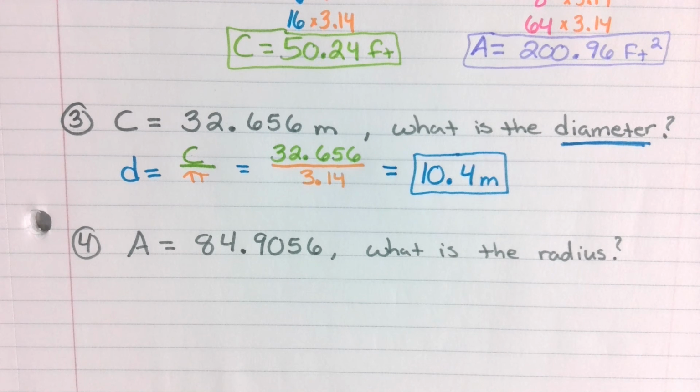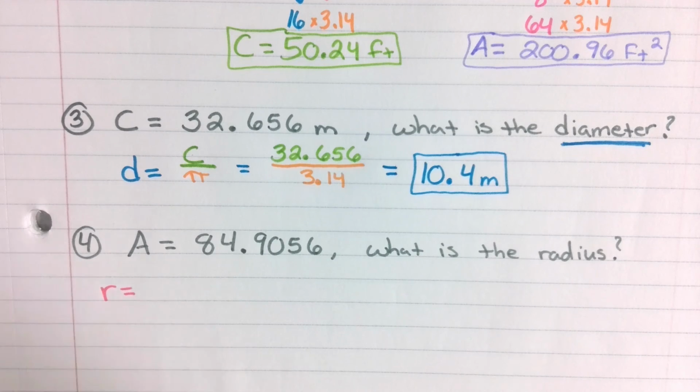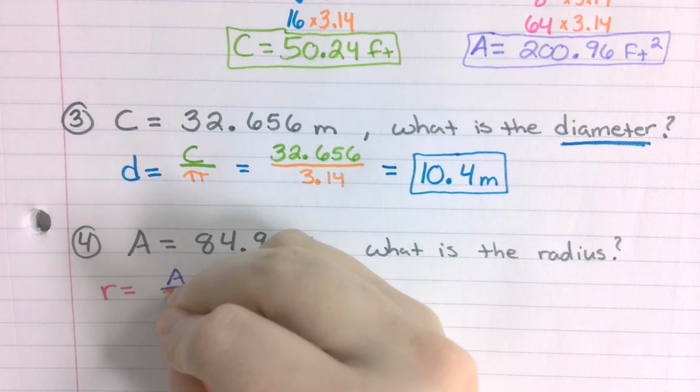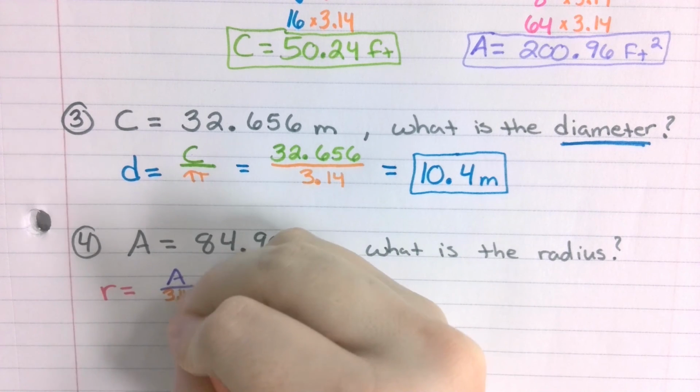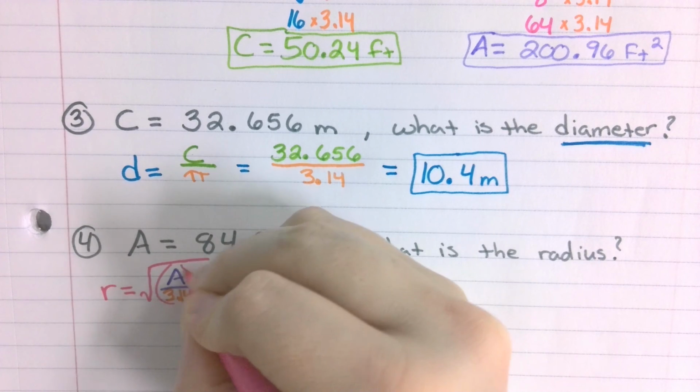Alright, so let's go ahead and take a look. I said before that you can find the radius by taking the area, dividing it by 3.14, and then taking the square root of that value.